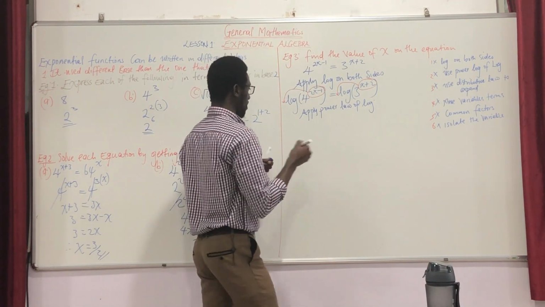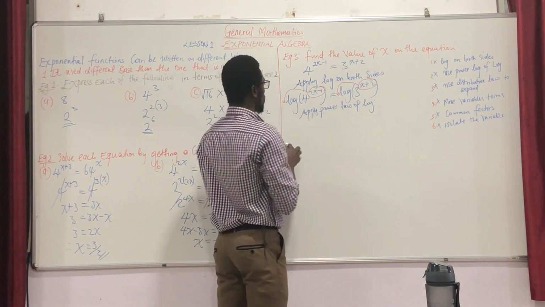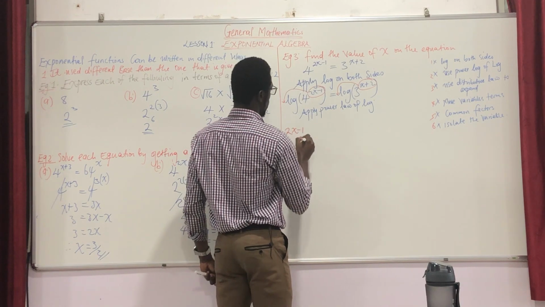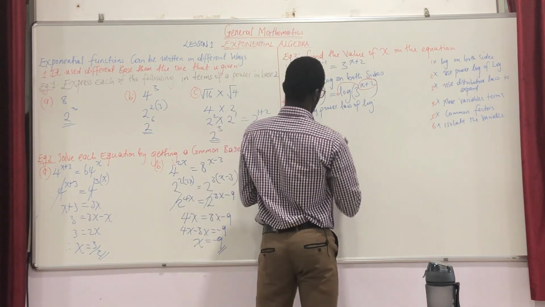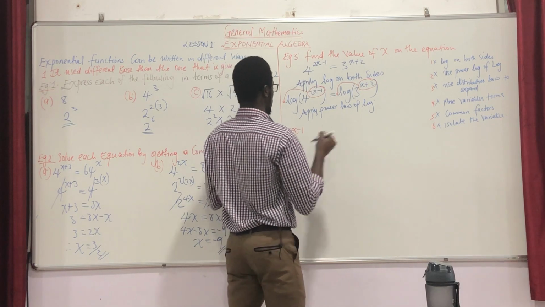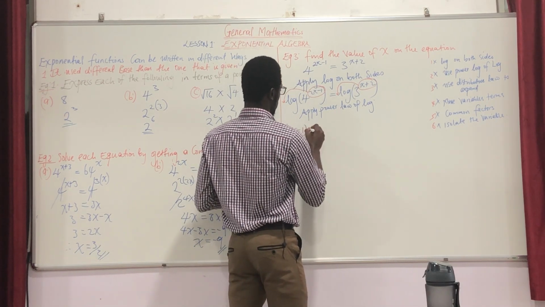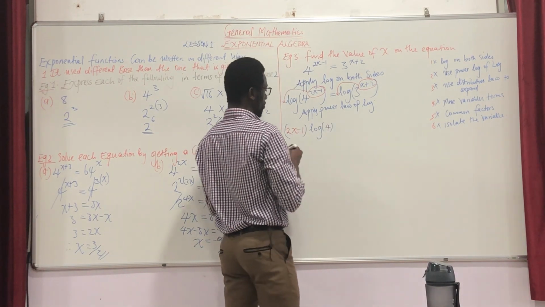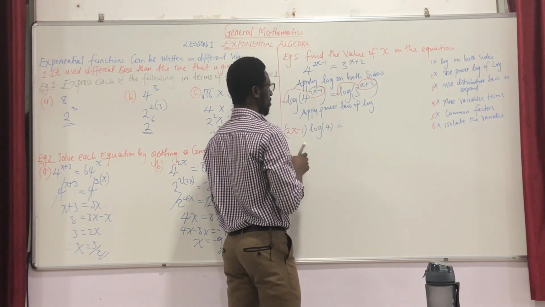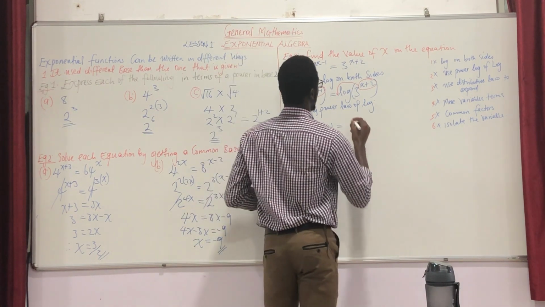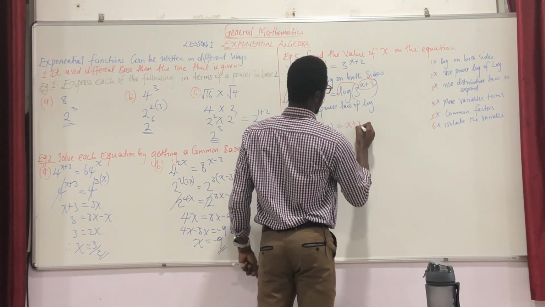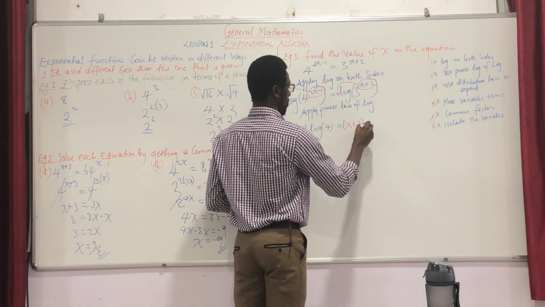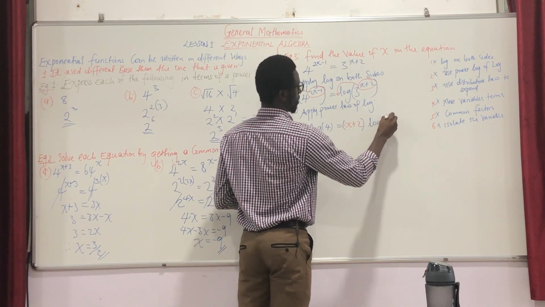So now we say 2x minus 1 here, we say log of 4 must be equals to x plus 2 here, log of 3.